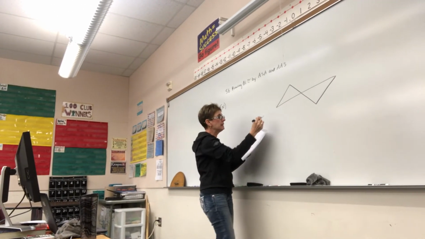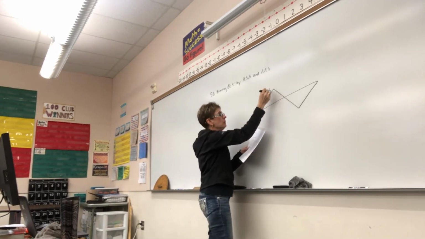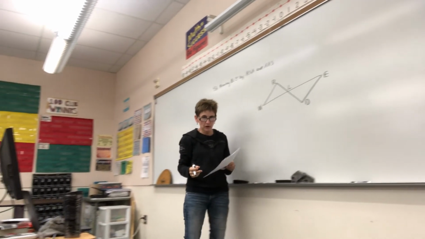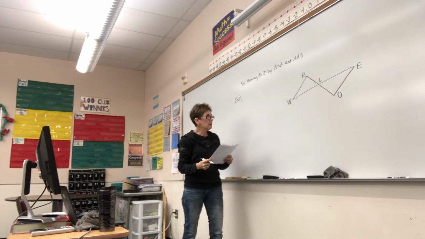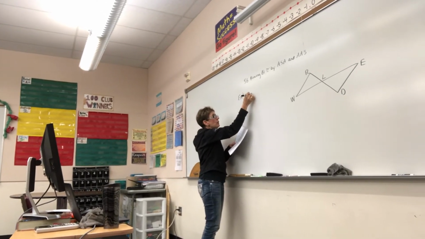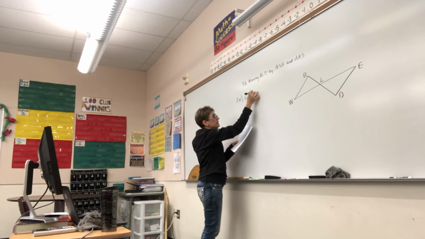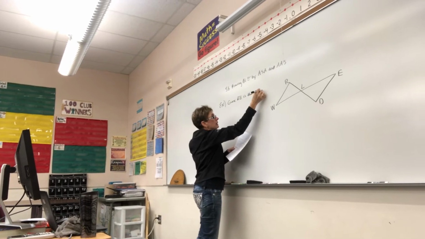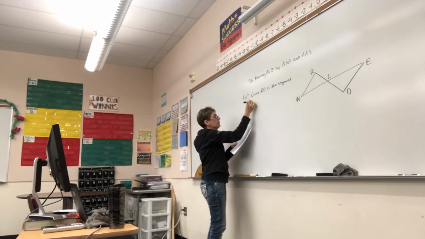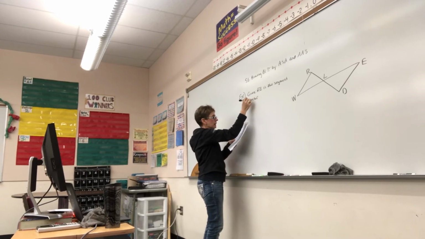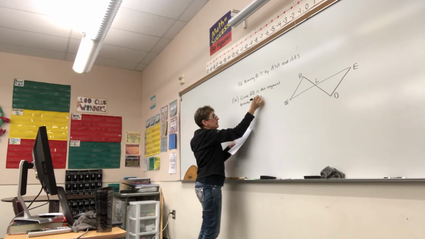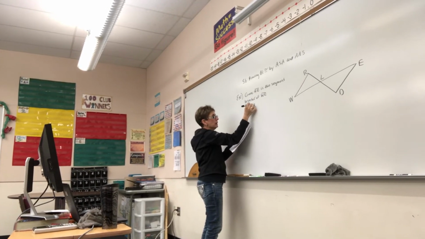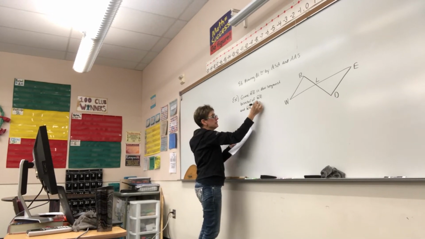And let's go ahead and label these vertices W, R, L, E, and D. W, R, L, E, and D. And I will write the given up above here. What we've been given is that RD is the segment bisector of WE and WR is parallel to ED.